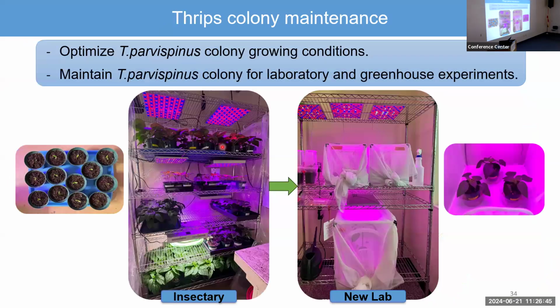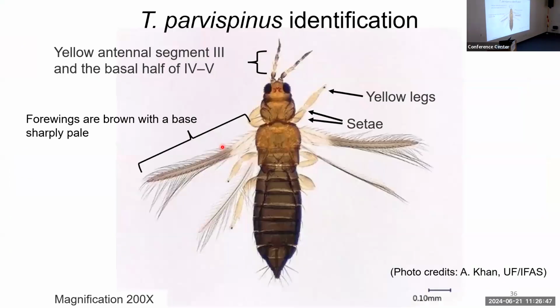For our identification, we were using these main characteristics. One of the main characteristics of Thrips parvispinus is the forewings brown on this side, with a base sharply pale on this side.